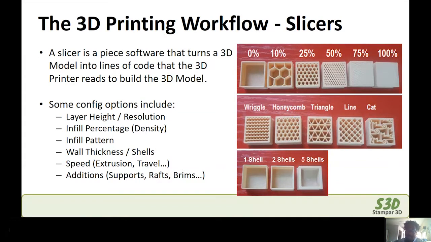The slicing software allows me to modify the internal structure of the 3D model that I feed into it. I can either make it completely hollow, which is 0%, or completely solid, which is 100%. I can change the internal structures and the wall thicknesses.